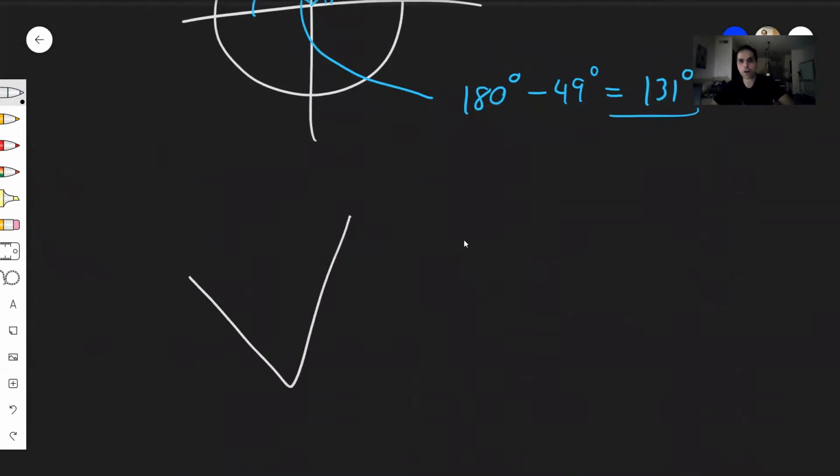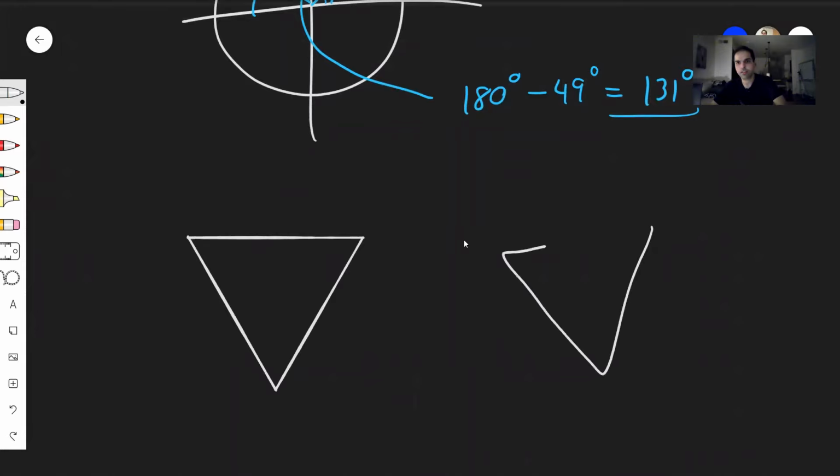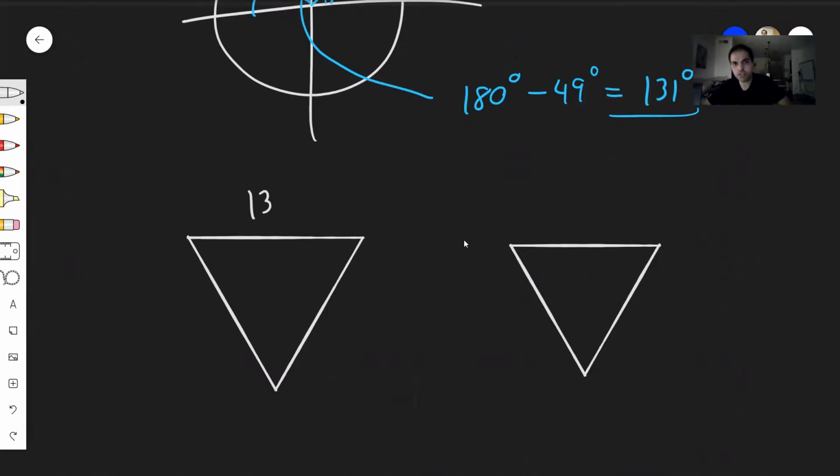Because now we have two possible scenarios. So remember our configuration, this was 13, this was 70, okay? And this was, I believe, 10.5. And this is, again, 13, 70, and this was 10.5.